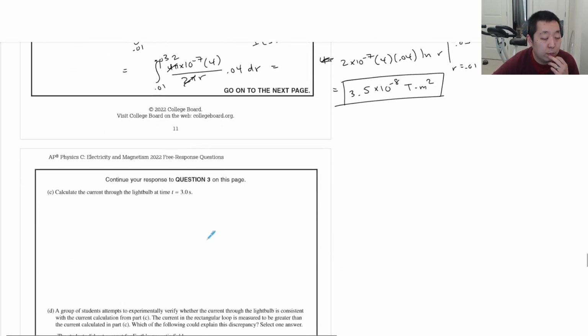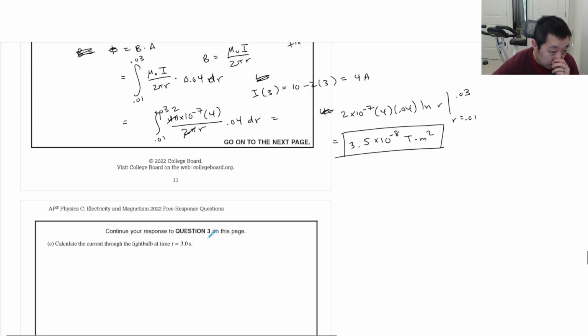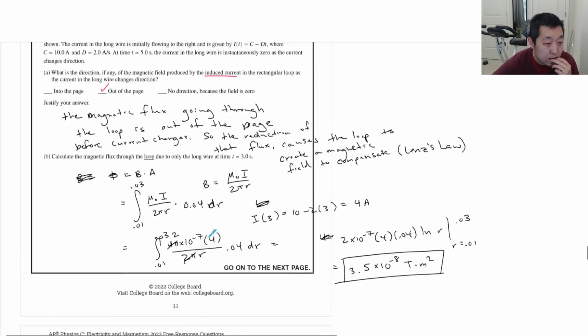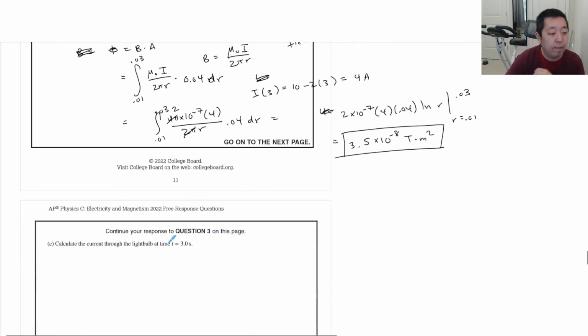Calculate the current through the light bulb at time t equals 3 seconds. So the current through the light bulb is going to be V over R, but the V is the derivative of the flux, right?